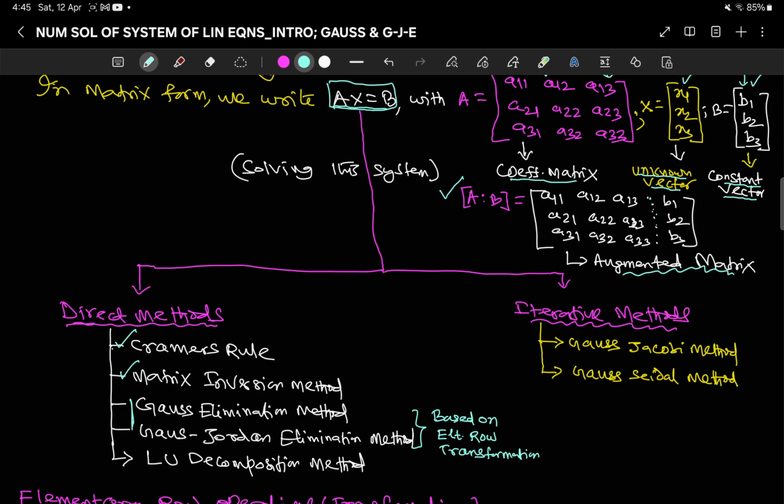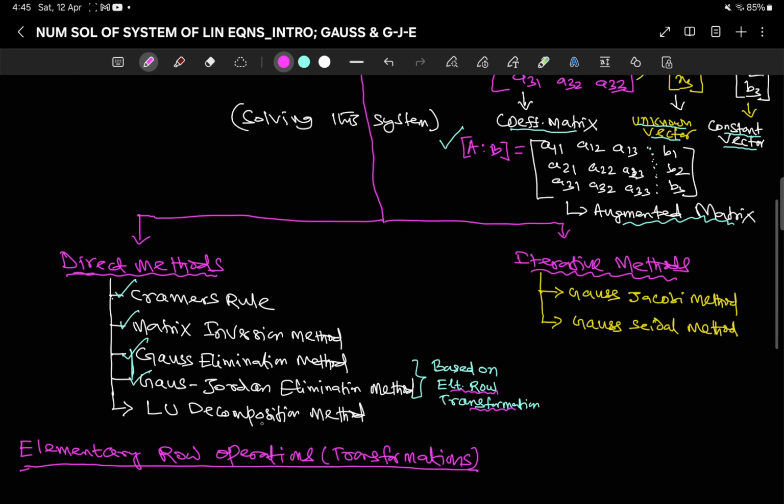Now this Gauss elimination method and Gauss-Jordan elimination method are based on the elementary row operation technique, or elementary row transformation, and these are all direct methods. Moreover, the LU decomposition method is preferred over these methods because it is quite friendly for computation or for designing software.